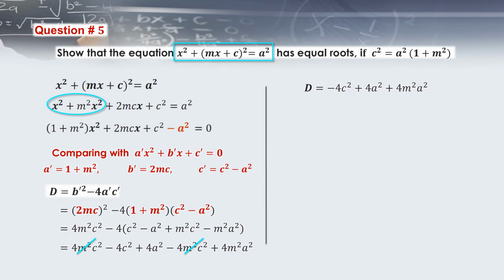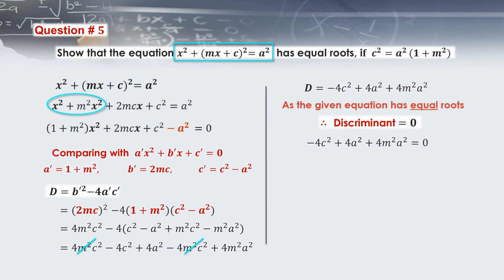Now using the fact that the given equation has equal roots, its discriminant will be equal to 0. Putting the value of discriminant equal to 0, taking this minus 4 as a common factor. Now to get rid of this minus 4, we'll divide the equation by minus 4.